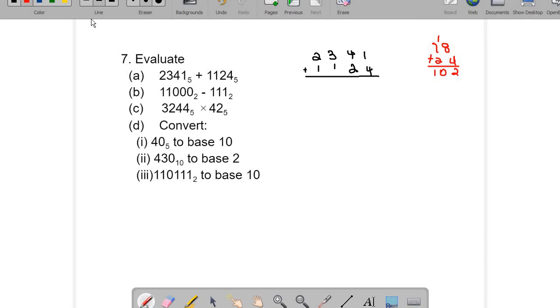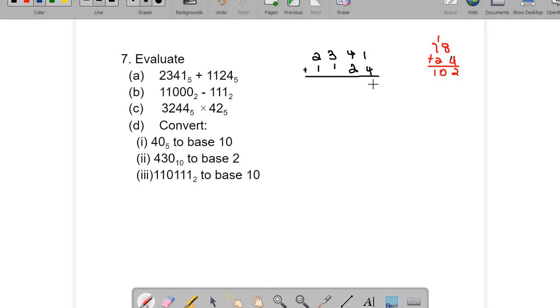We're going to be doing something similar when we are adding base 5 numbers. But the difference is, as opposed to carrying the 1 when we get a number that is 10 or more, we're going to be carrying 1 when we get a number that is 5 or more, when we're adding in base 5.